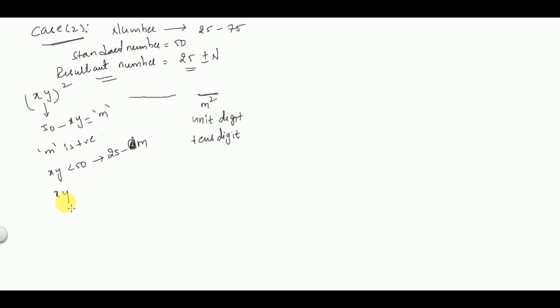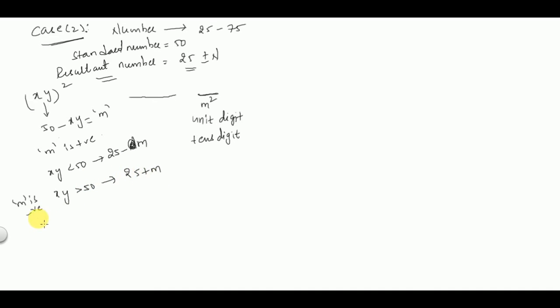If the value xy is greater than 50, then m is negative, because if you subtract we will get a negative number, so we will take 25 plus m.